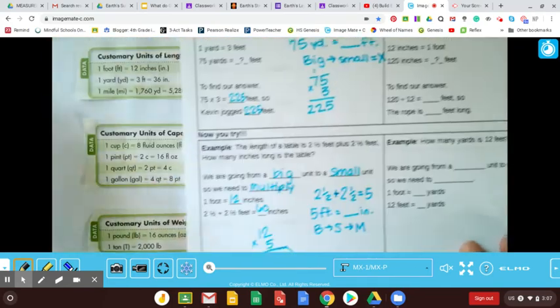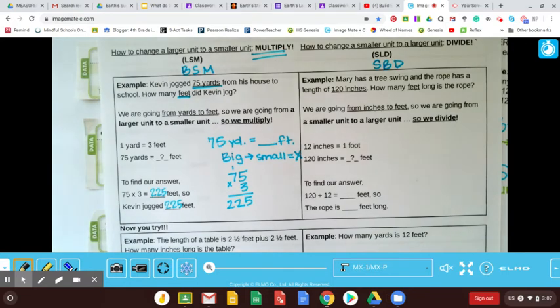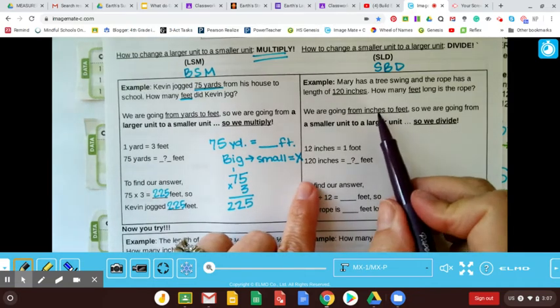All right. Now let's talk about how it would look if we're going to divide instead. So instead of going from big to small, we're now going to go small to big. Mary has a tree swing and the rope has a length of 120 inches. How many feet long is the rope? So we're going from inches to feet, right?